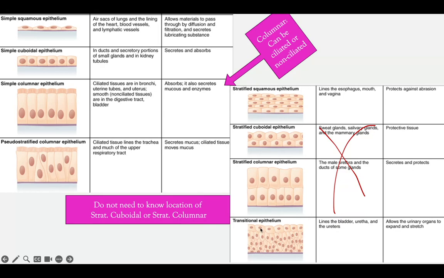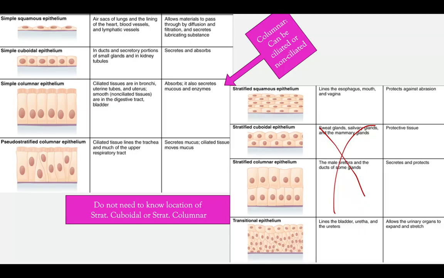And then we have the weird one, transitional epithelial tissue. Remember, transitional epithelial tissue has transitional cells. The cool thing about transitional cells is that they can be either squamous shaped or cuboidal shaped, so they'll either look like a cube or a squished cube. The reason is that transitional epithelial tissue is found in organs that typically expand and stretch and then collapse to a smaller size.